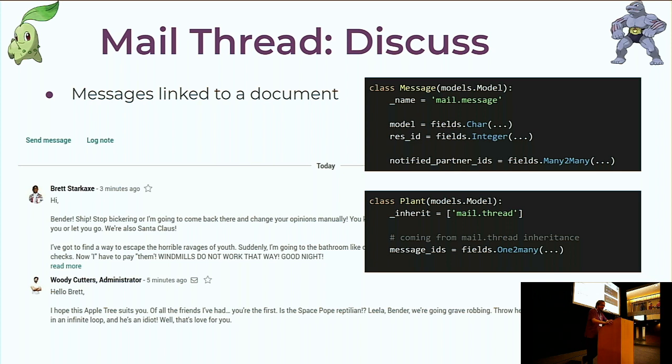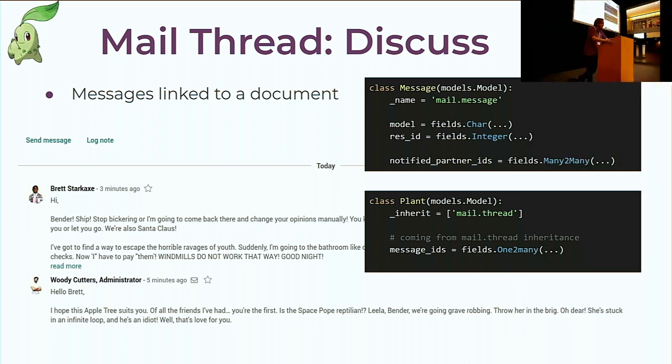Just going into some details, how does it work behind the scene? Each discussion, each message is a mail message. It's a generic object that holds the content of the message, and we link it to a given model with its model and the ID of the document. That way we have one model that is used in every document and every model in Odoo, just with this pair of fields.